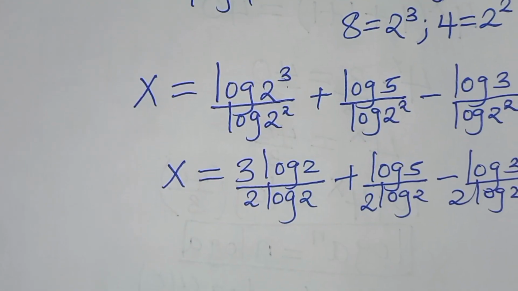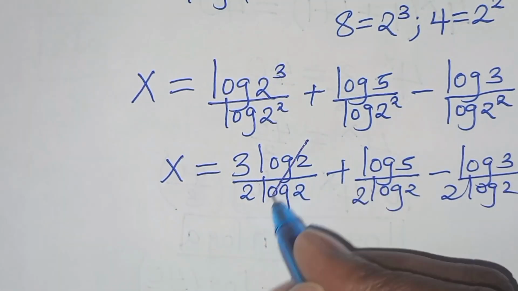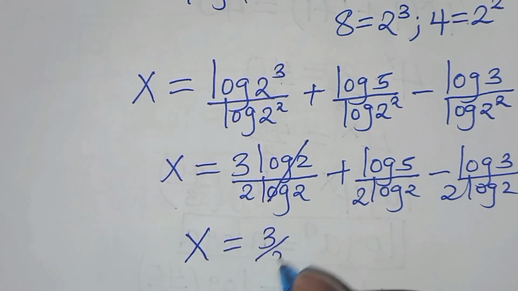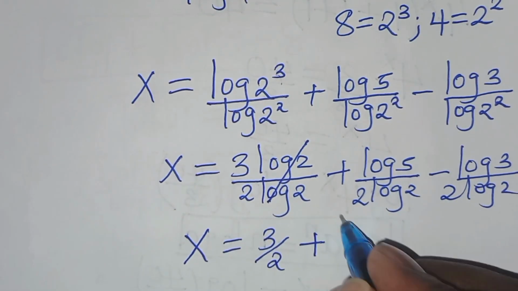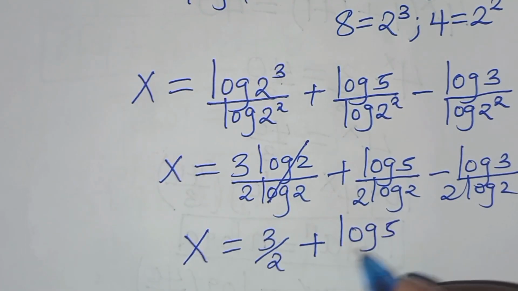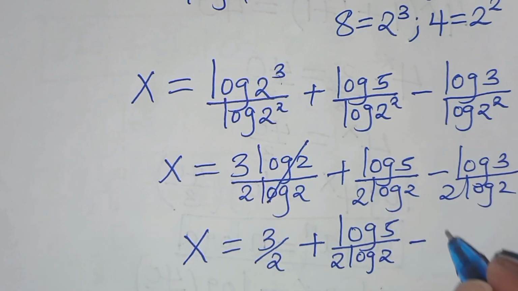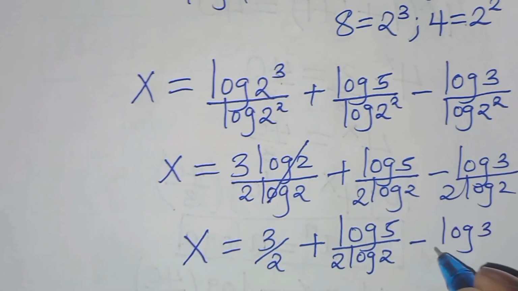So the next step is to simplify here. Let's simplify log 2 and log 2 so that now x will be equal to 3 over 2 plus log 5 divided by 2 log 2 subtract log 3 divided by 2 log 2.